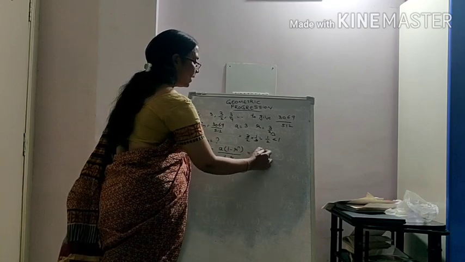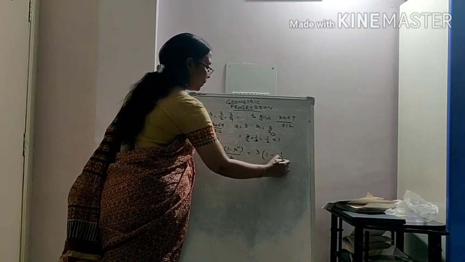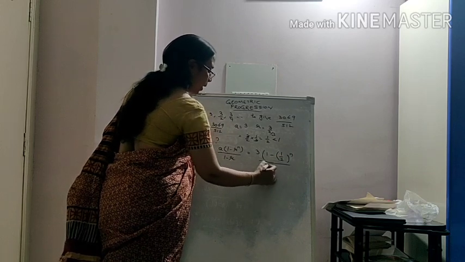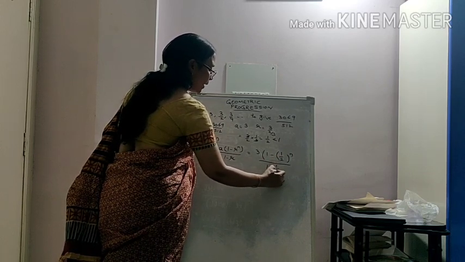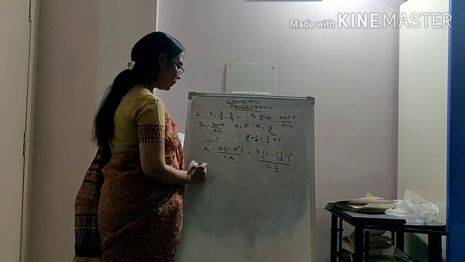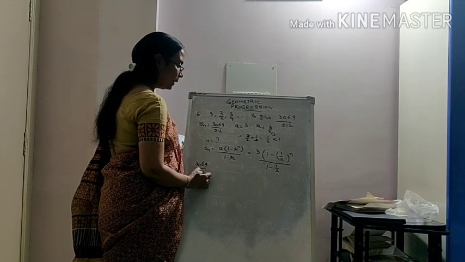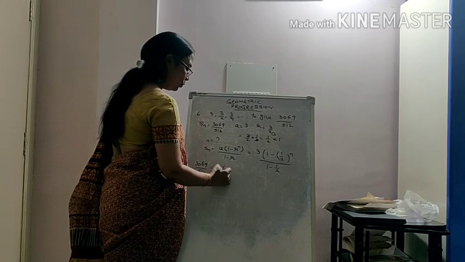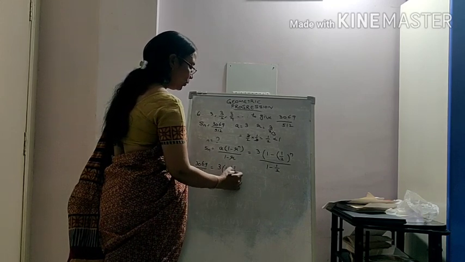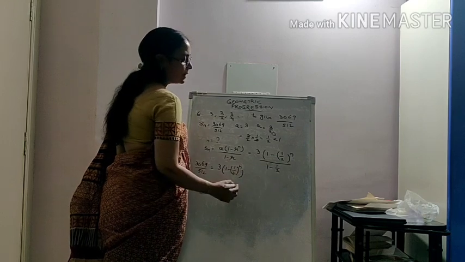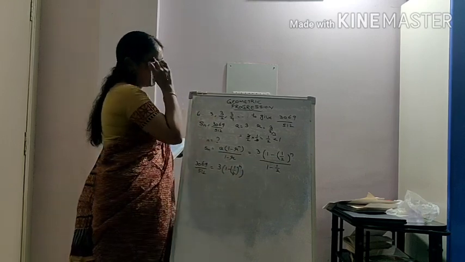Here a is 3. 1 minus 1 by 2 whole to the power of n upon 1 minus 1 by 2. Sn is 3069 upon 512. 3 into 1 minus 1 by 2 to the power of n. 1 minus 1 by 2 is again 1 by 2.